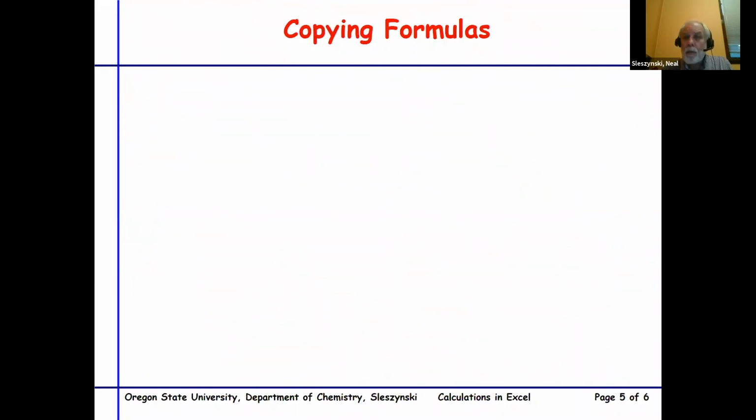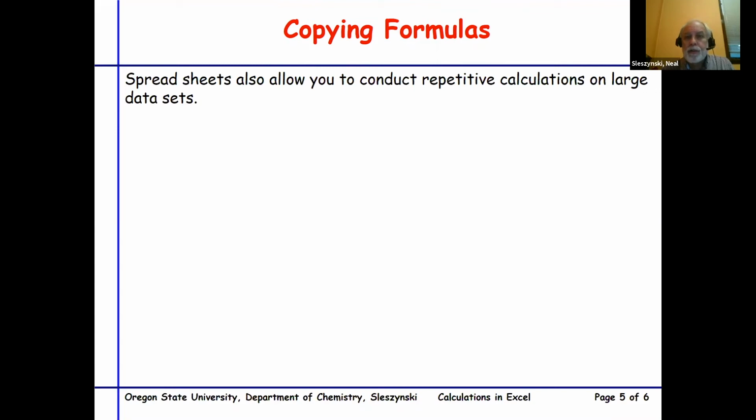The other great thing about doing things in individual cells is it allows us to copy formulas. So spreadsheets can also help us conduct repetitive calculations on large data sets. For instance, if I have a data value in cell A1, and I would like to take the base 10 log of that, I can simply in cell B1 type in equals log of the value in A1.